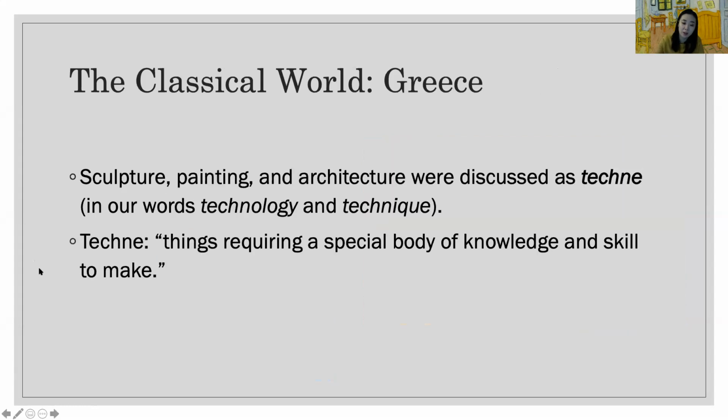So Greek philosophers were the first to speculate on the nature and the purpose of art. Sculpture, painting, and architecture were discussed as technique, in our words, technology and technique. So technique is things requiring a special body of knowledge and skill to make.